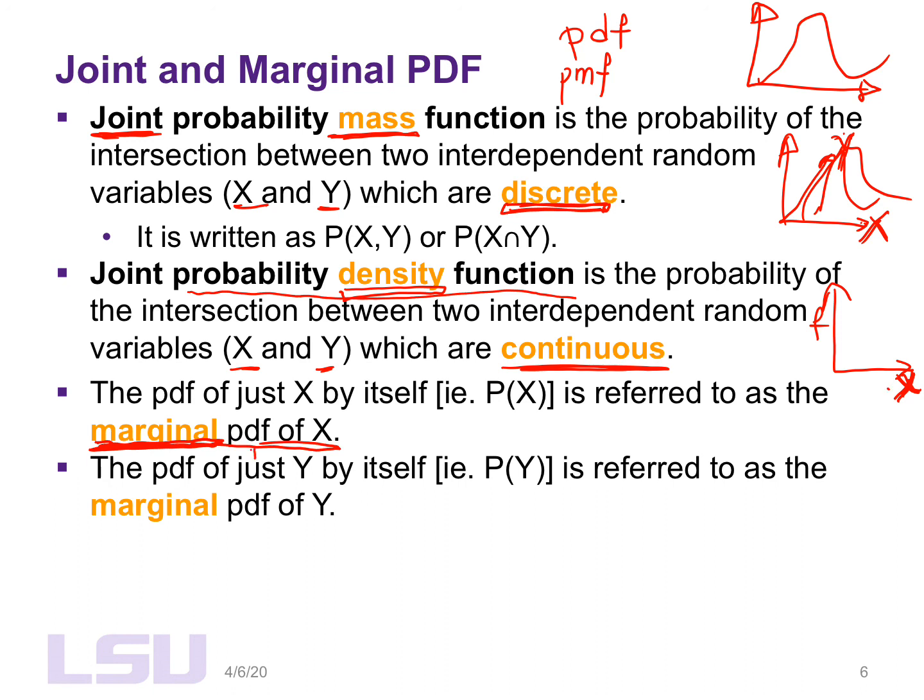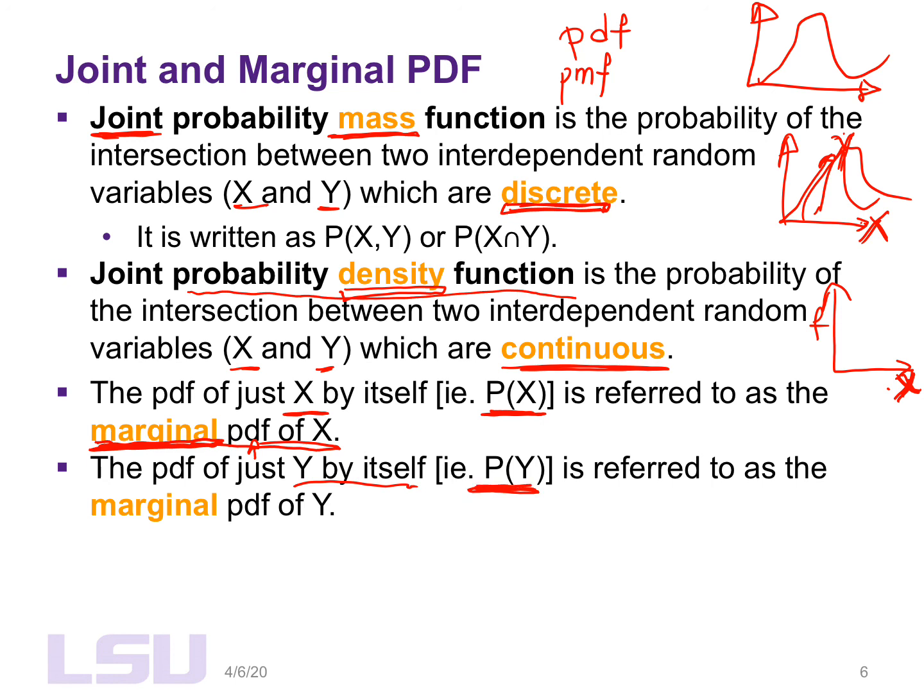It's PDF because we've assumed it is continuous. It will be PMF if it is discrete. So the PDF of just X by itself is probability of X. That's the marginal probability of X. Just Y by itself is the marginal probability of Y.